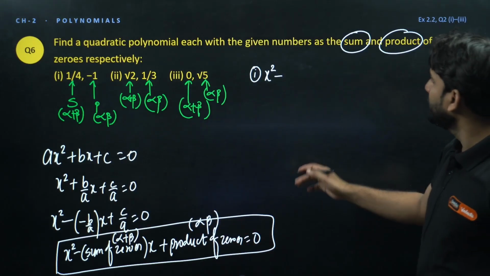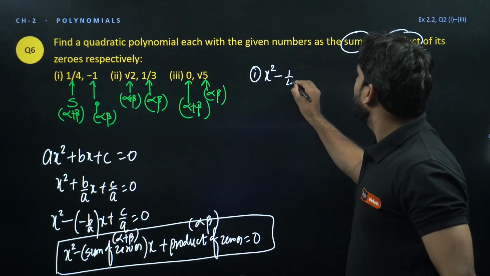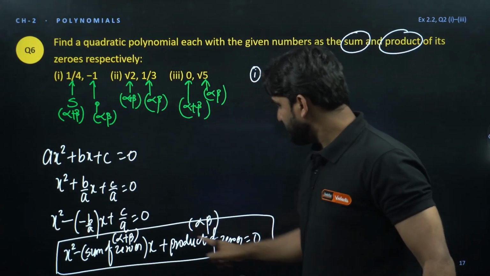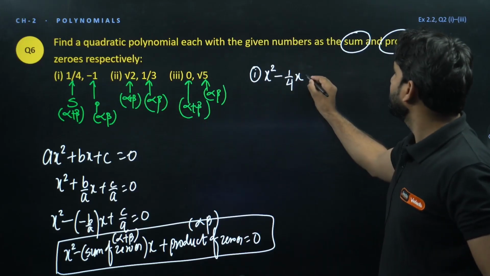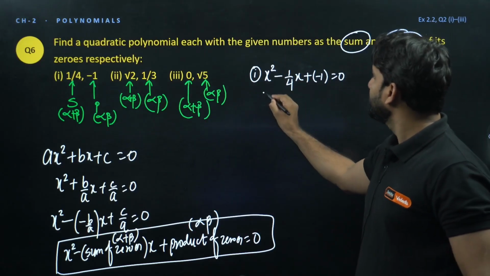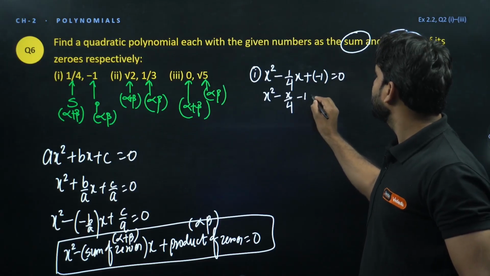Right? So let's do x square minus sum of zeros, which is 1 by 4, 1 by 4 and x will come. Okay. And here product of zeros is negative, so plus sign then minus is equal to 0.